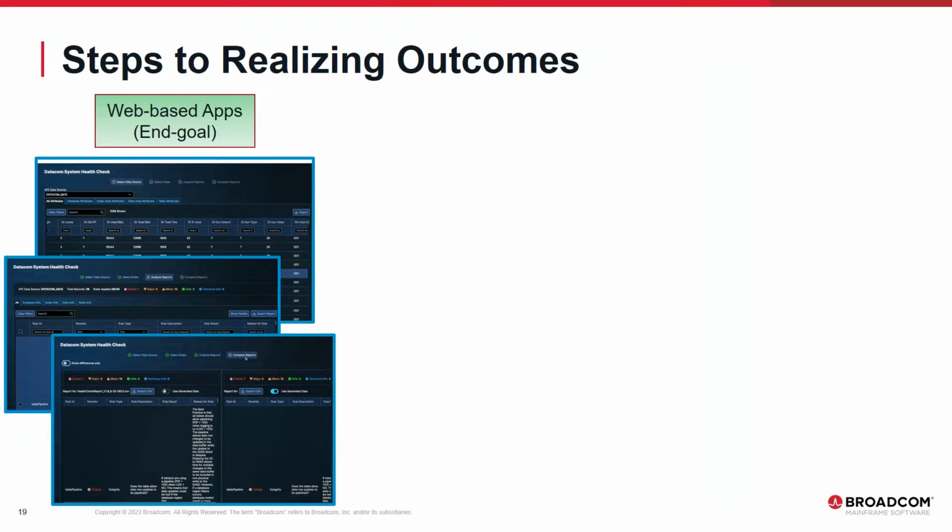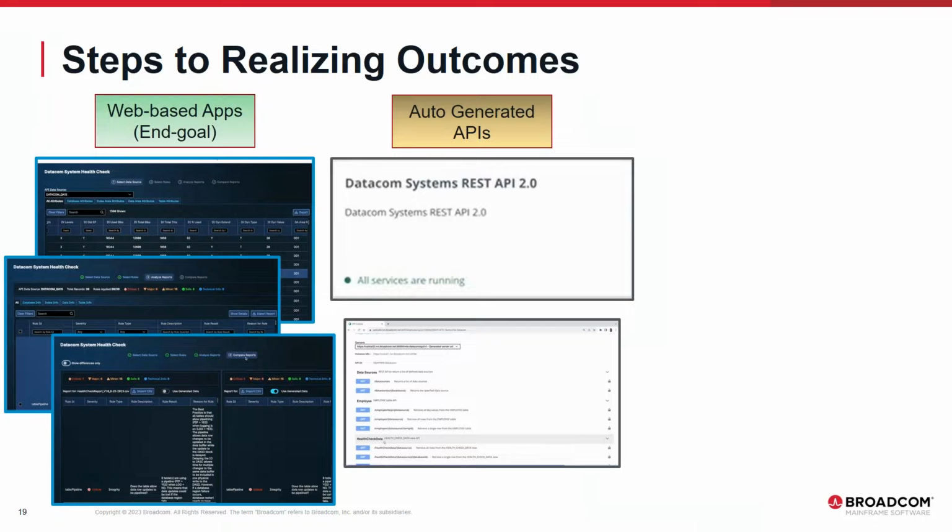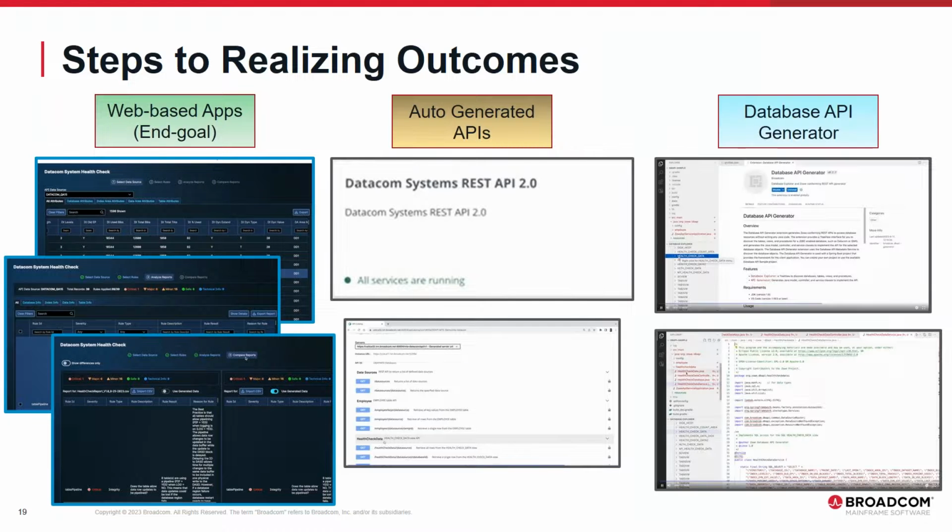The end result, as Vamsi showed, is a modern web-based application designed for DBAs so that they can gain insights to optimize the health of their systems, populated by the system's API endpoints that were quickly and easily generated using the database API generator.